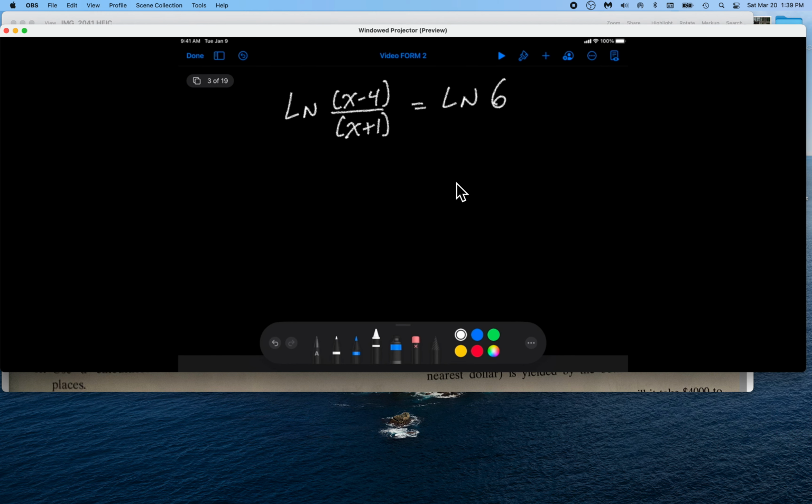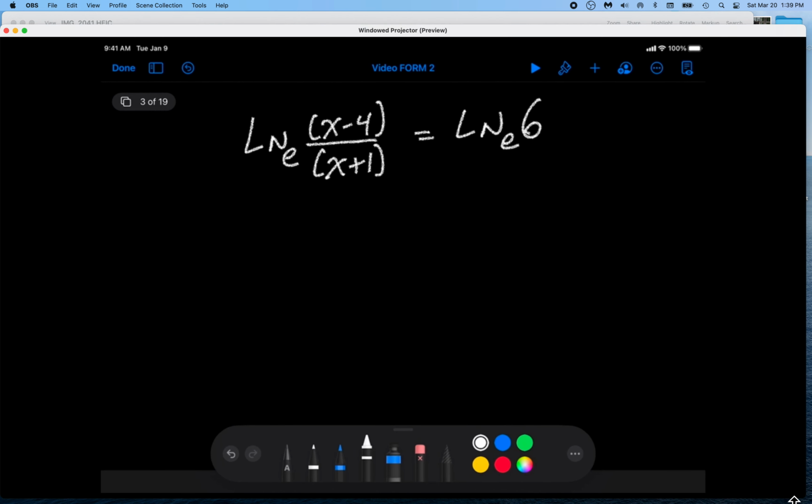Both of these have the base e. So if you have the natural log of this argument equals the natural log of that argument, then you know that the two arguments must be equal. The other way you could think about this is you could raise both of these to the exponent e.